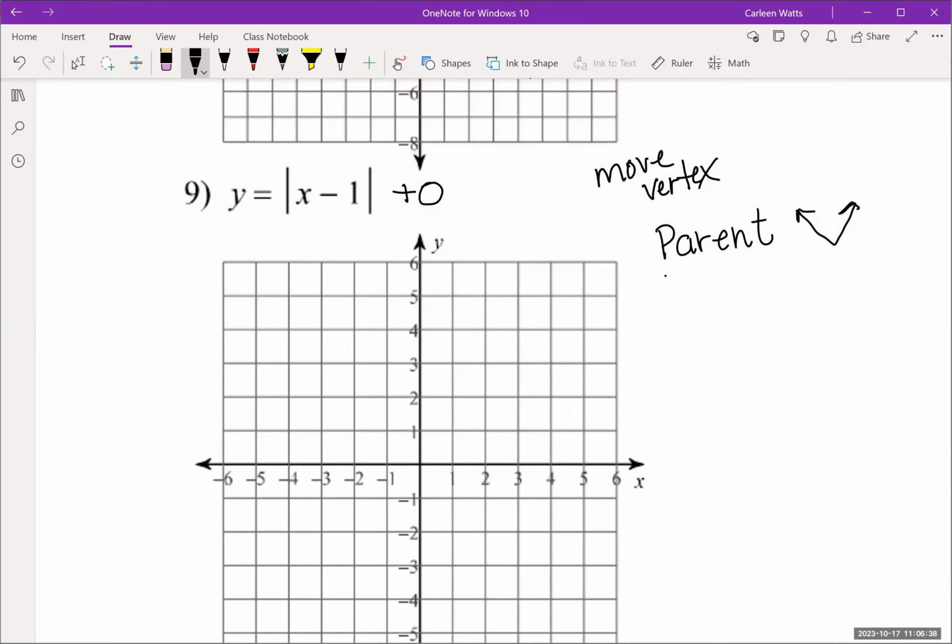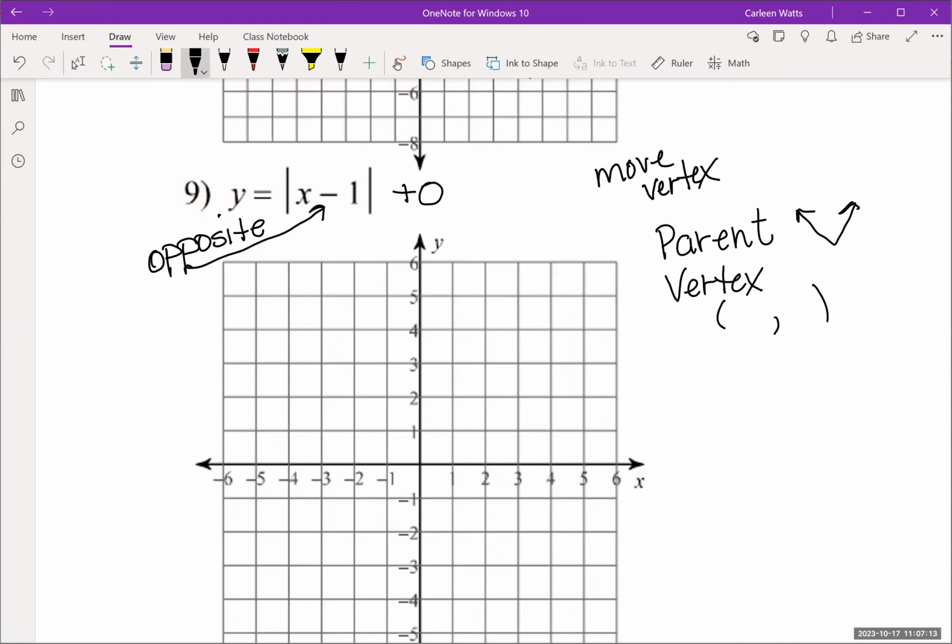So next I want the vertex. It's not going to be 0, 0 anymore. If it's inside the parentheses, inside the absolute value, I need the opposite sign. So the x coordinate of the vertex is the opposite of what you see inside those absolute value sticks.